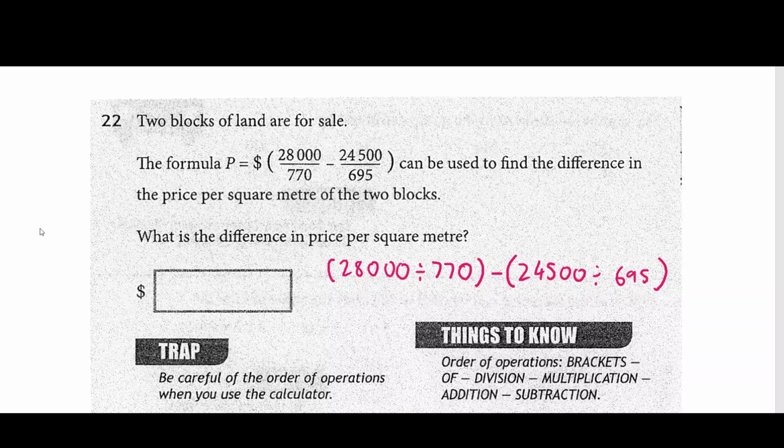So, what is the difference in price per square meter? 1.11.